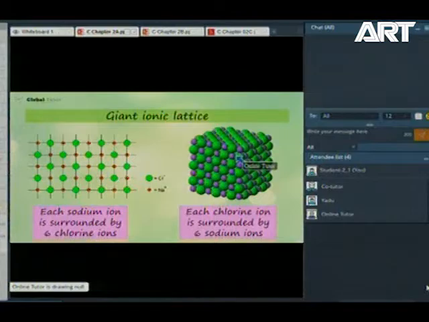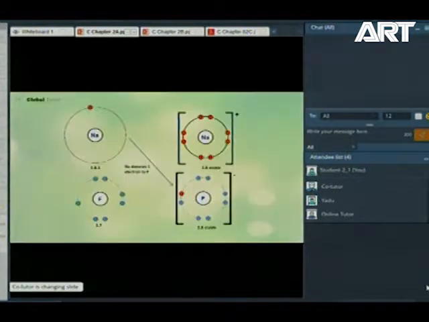You can see here, if you represent chloride ions with these green circles or balls, one of these balls is surrounded by 6 of these purple atoms. So these are actually sodium, and each chloride ion and each sodium ion is surrounded by 6 other oppositely charged atoms or ions. Since they have a charge, you can call it an atom.